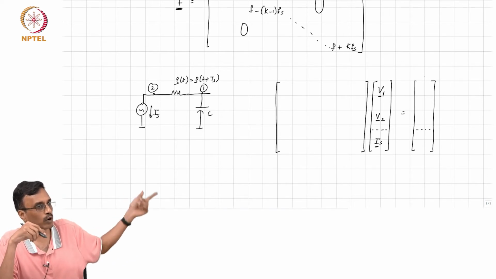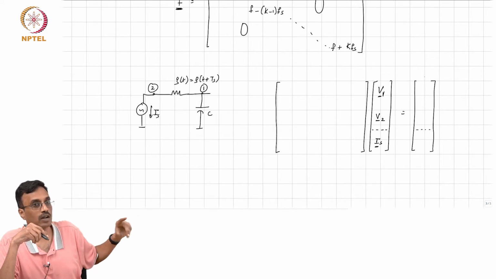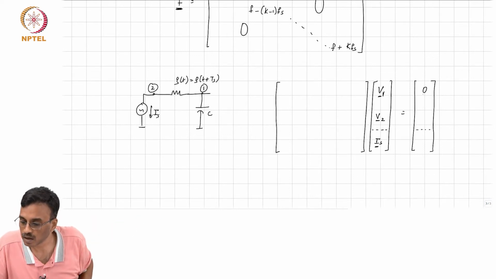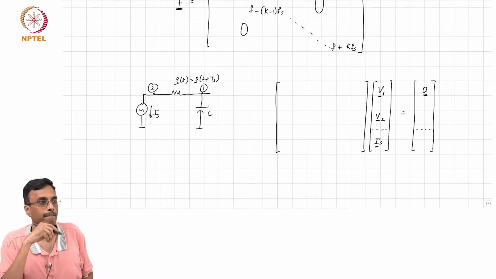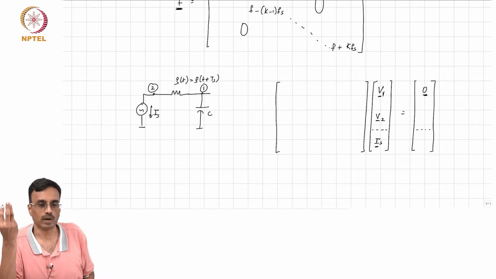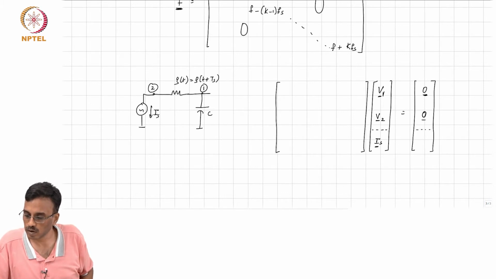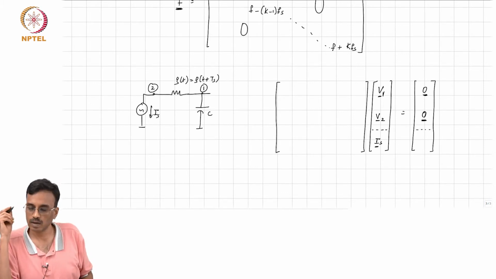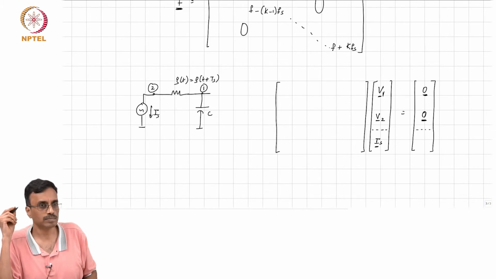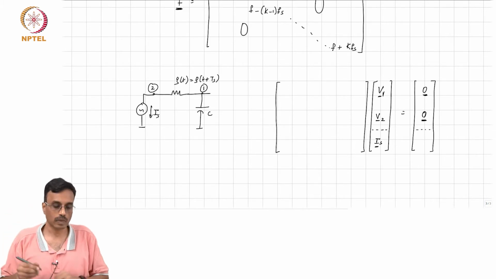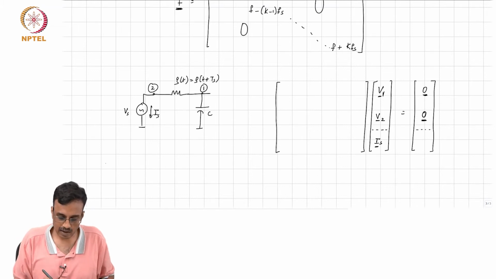So, that will be a 0 vector with how many entries? 2K plus 1. Likewise, the second row will also be 0, right? And the third row, basically this Vs phasor is nothing but 0, 0, 0. How many zeros will be there?